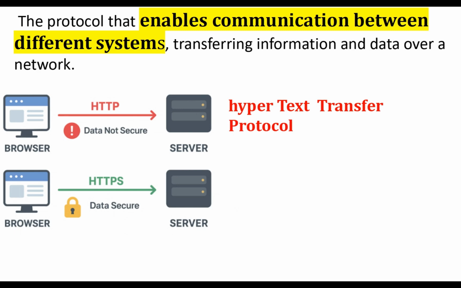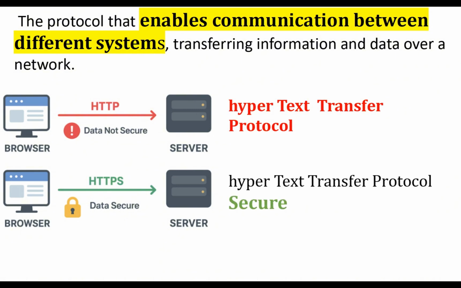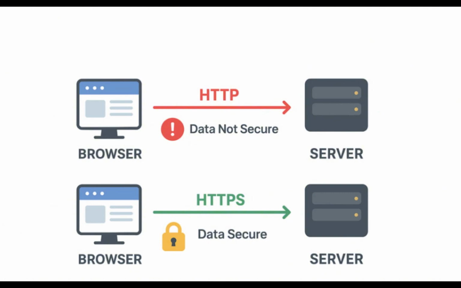First of all, HTTP, Hypertext Transfer Protocol. Another one is Hypertext Transfer Protocol Secure. The basic distinction between these two protocols is security, where we can see there is a security system available within the HTTPS protocol.